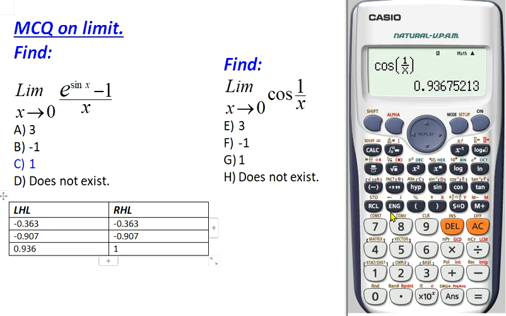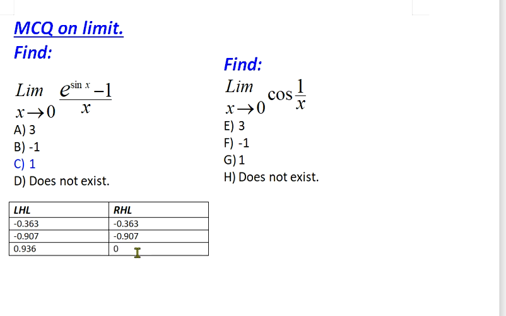Let's calculate the right hand limit also. Let's approach from the right hand side. 10 raised to the power of minus 6, and at that condition, the limiting value is 0.936.